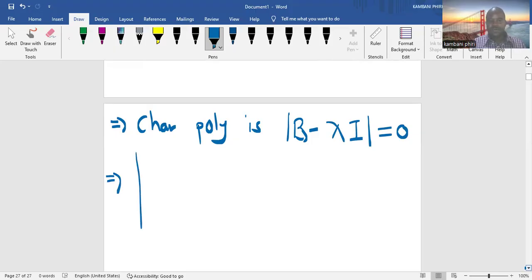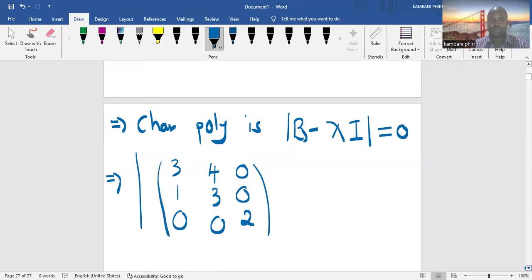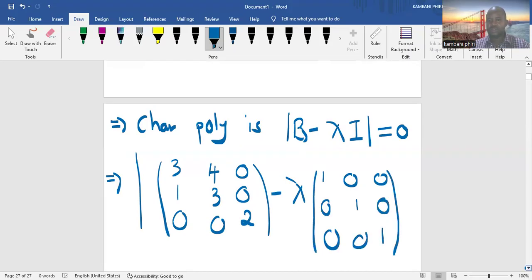The determinant of the matrix 3, 1, 0, 4, 3, 0, 0, 0, 2 minus lambda, where I is the identity matrix 1, 0, 0, 0, 1, 0, 0, 0, 1. This must be equal to 0.